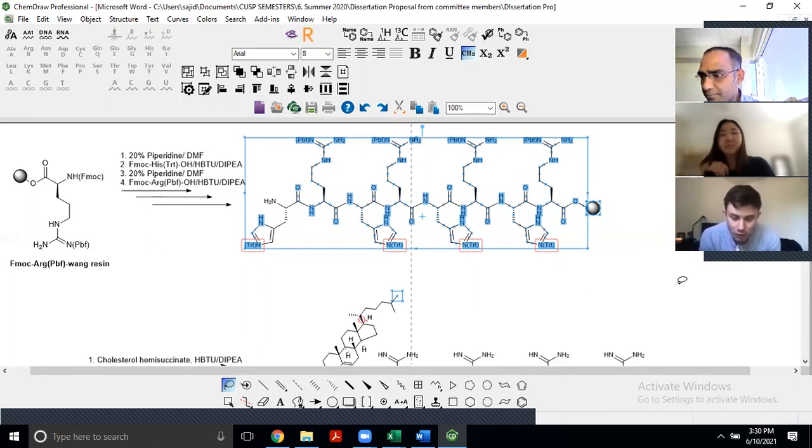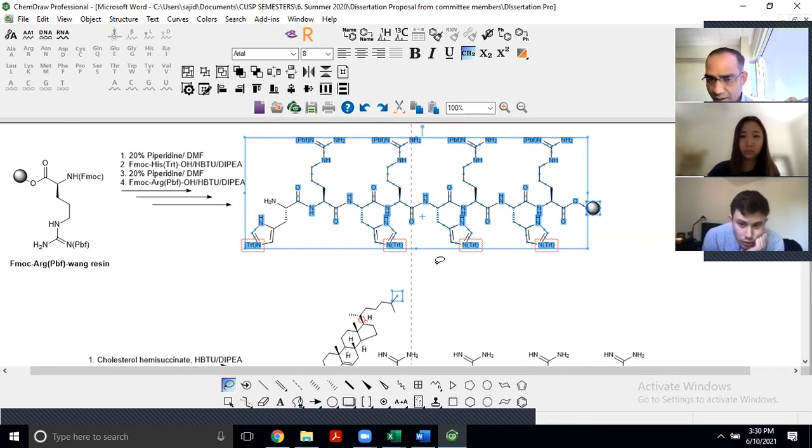The peptide. So yesterday you were doing cleavage. Final cleavage. So actually that final cleavage does what? It removes resin and it removes protecting groups, all at the same time.